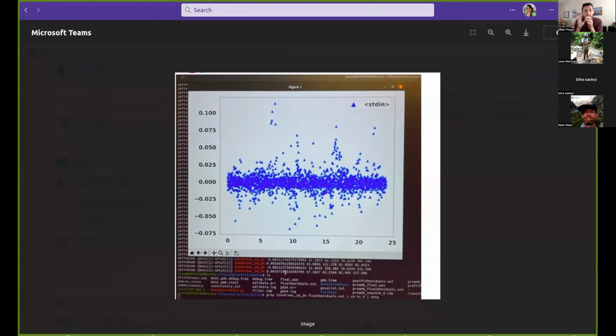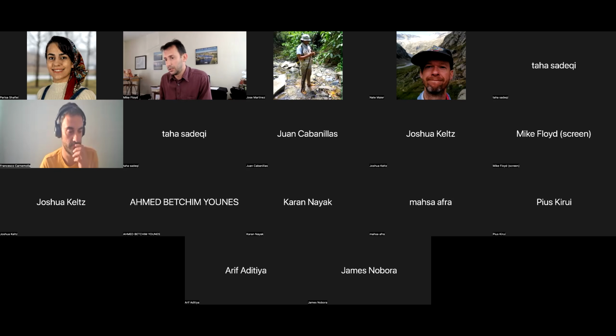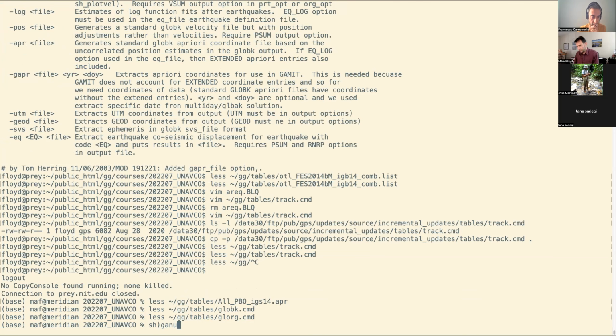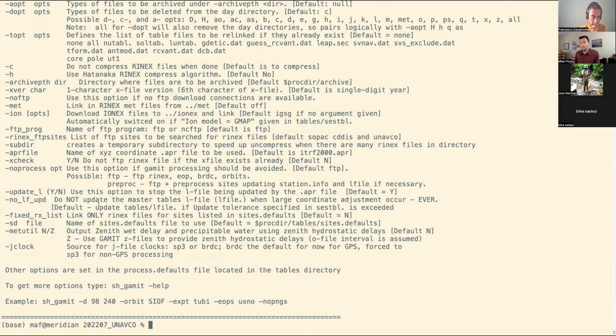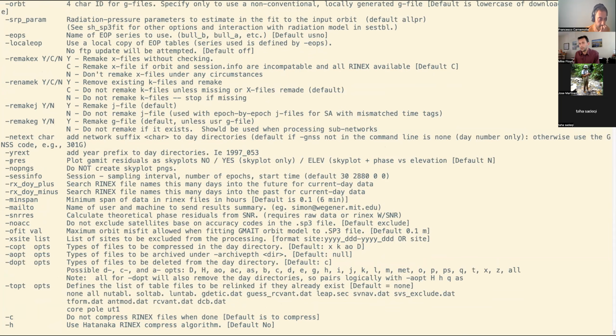Okay, right. So yes, GAMIT can produce those elevation angle dependent plots, and the option in sh_gamit is the plot residuals, -pres option.